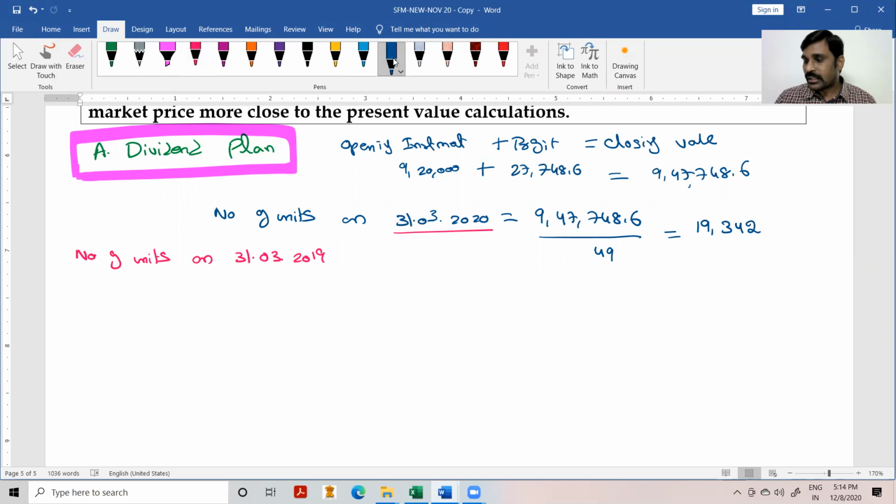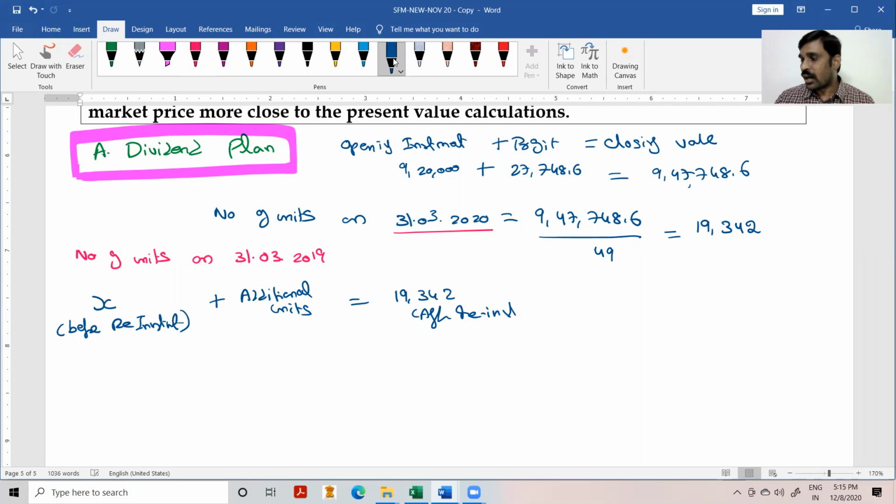If I take x as the number of units before reinvestment of dividends, then x units plus additional units purchased is equal to 19,342. So as on 31st March 2020 we have 19,342 units, that is, after reinvestment.